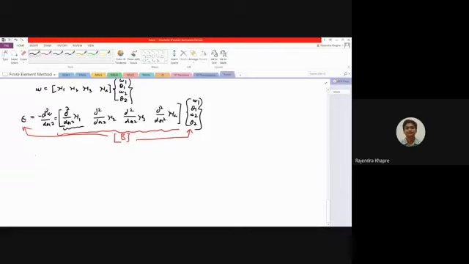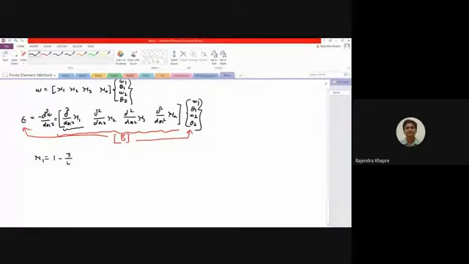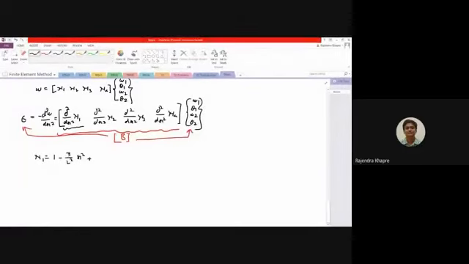We already have the N1 value. If you remember, it is 1 minus 3 by L square into x square, plus 2 upon L to the power 3 into x to the power 3.